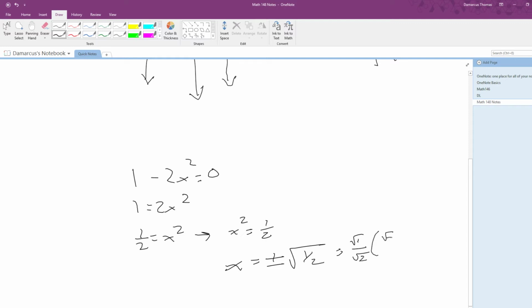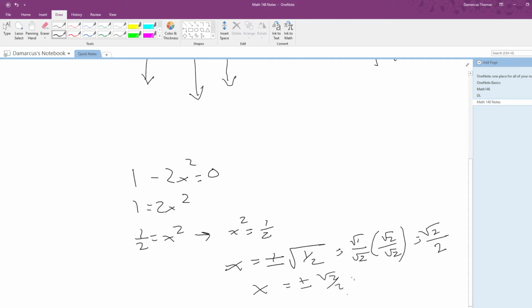And I'm going to rationalize that. The square root of 1 is 1, and times root 2 is just root 2. And then root 2 times root 2 is root 4, which is just 2. And so we know that x is therefore plus or minus root 2 over 2.